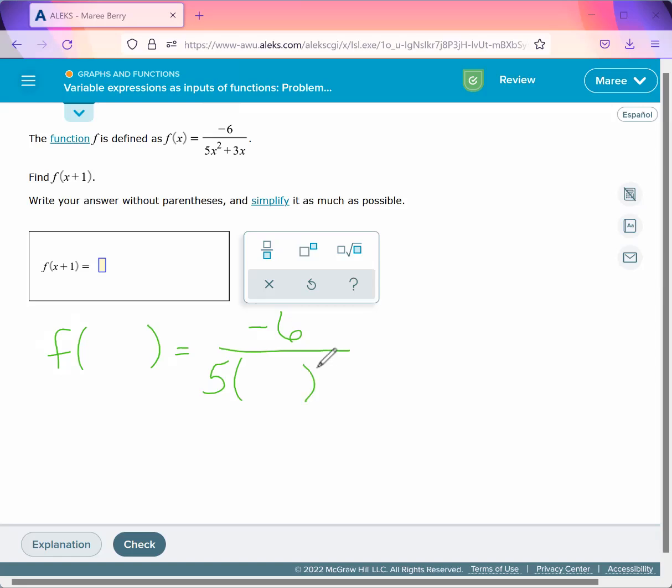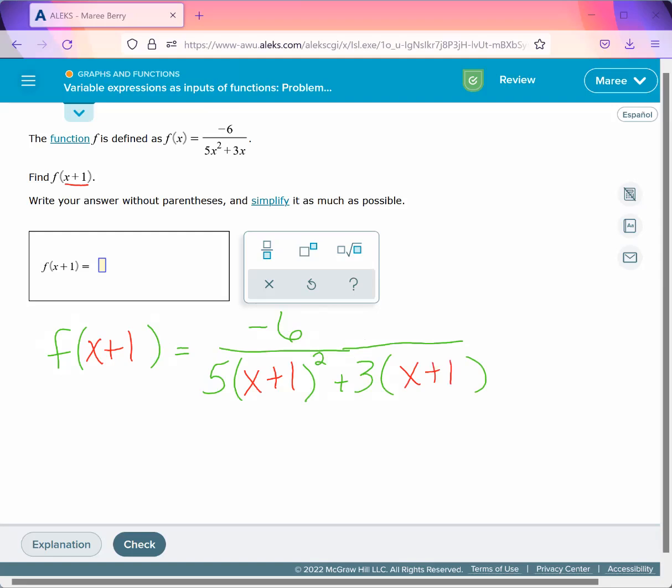Everywhere where we see that x, we're going to put our input. And our input in this case is x plus 1. So f of x plus 1 equals negative 6 divided by 5 times quantity x plus 1 squared plus 3 times x plus 1.